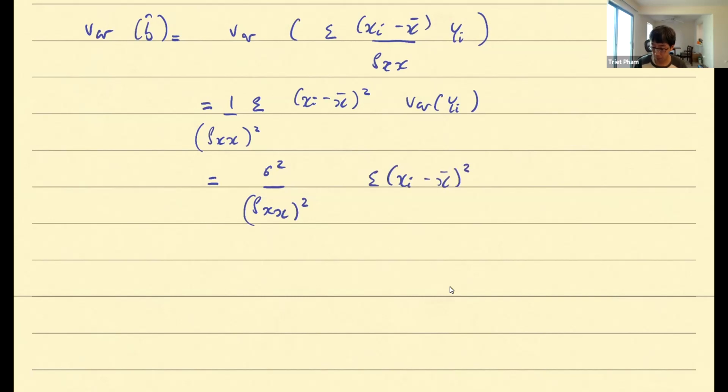And what do we call this again? This is sxx. So you see that finally it simplifies to something very simple.